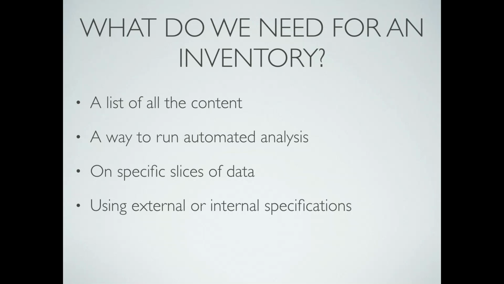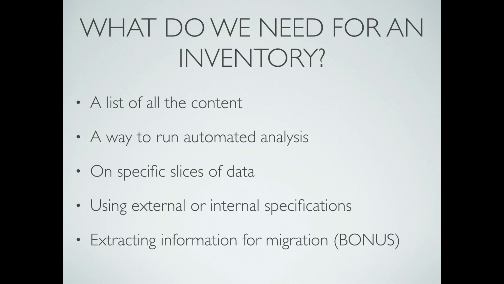We wanted to be able to do it using whatever specifications we might want, whether it was code that we wrote ourselves or services that we integrated from the outside. And as a bonus, we wanted to be able to identify stuff that would be useful for the future migration.